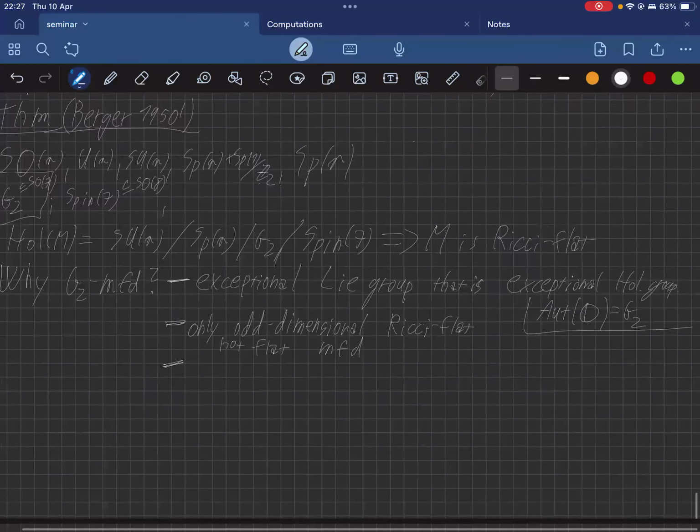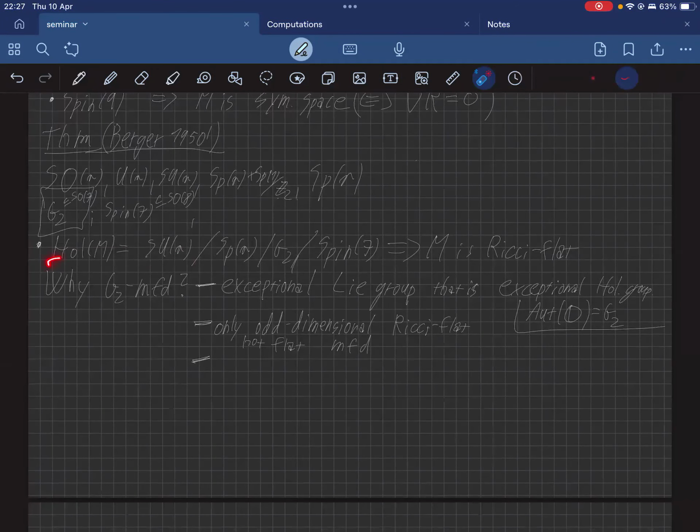So that goes with the remark I mentioned earlier: if you want a compact Ricci flat non-flat manifold, currently what we know so far about holonomy is that it must be one of these 4 holonomies. And of these 4 types, only G2 is odd dimensional. So let's say for some reason you require an odd dimensional Ricci flat manifold. Well, so far your G2 manifold is your only bet, right? We don't have any other examples.